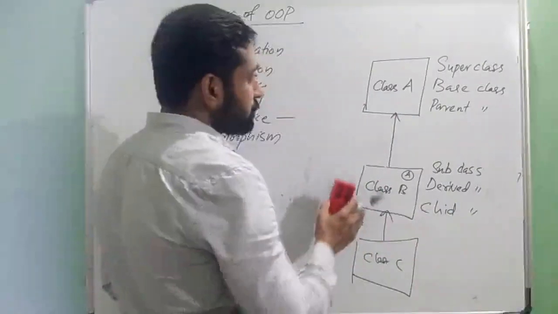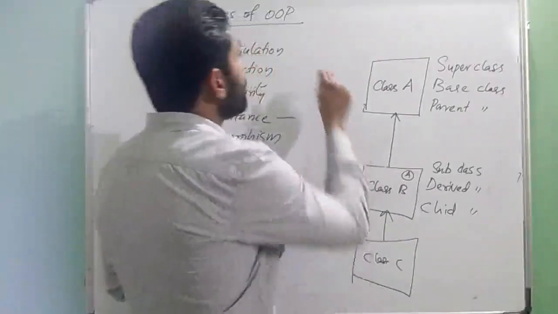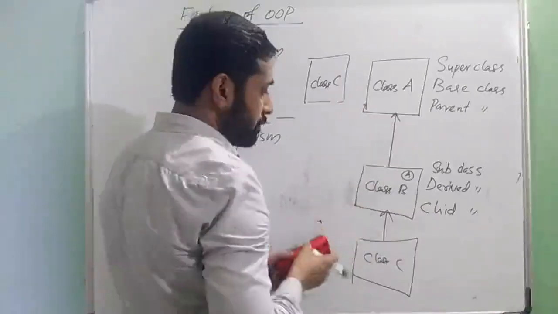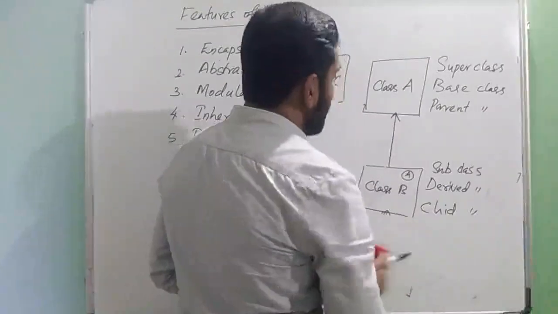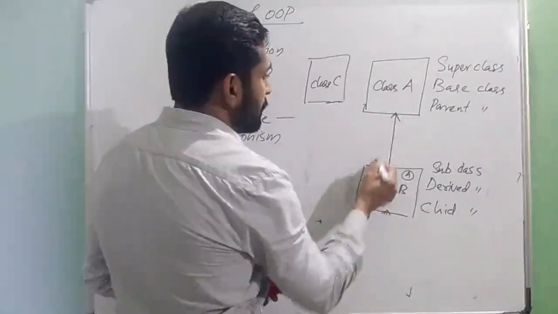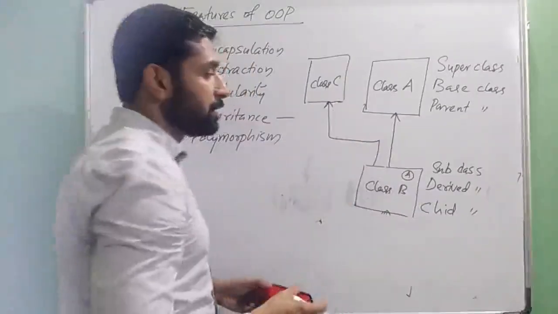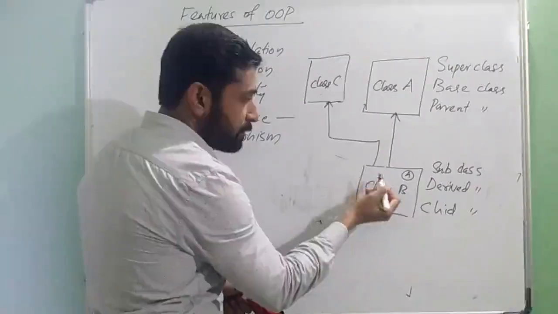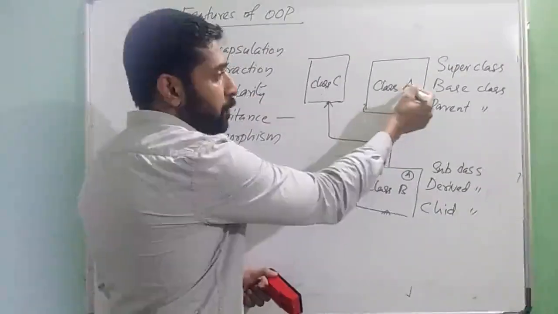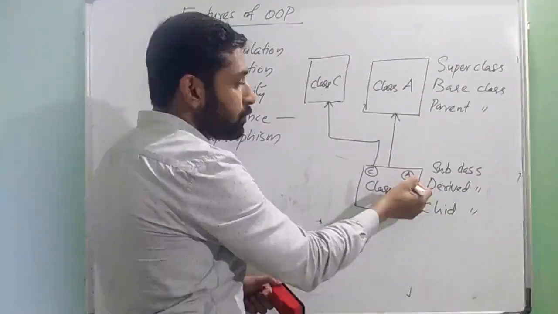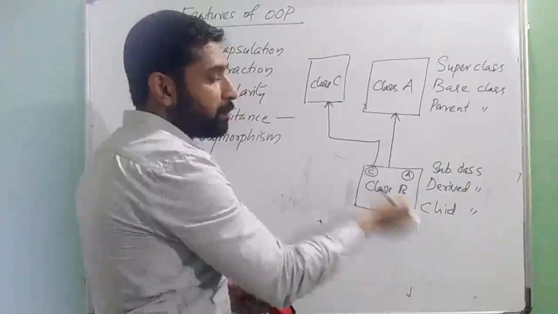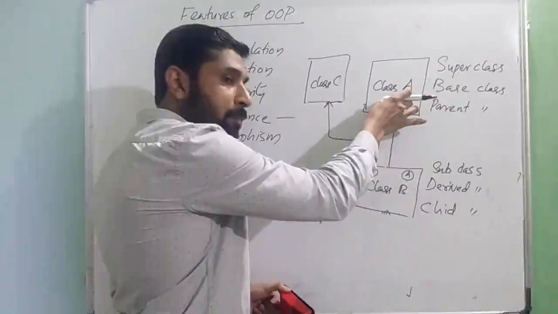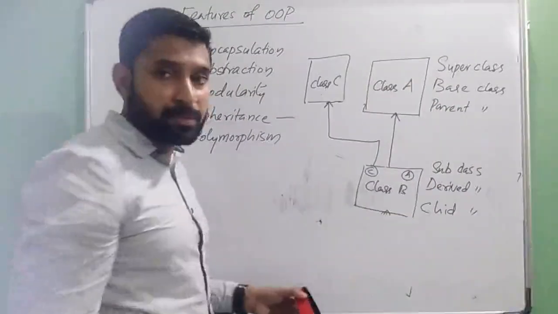Now suppose we have class C here, and we are inheriting the properties of C to B. Some properties of class C are inherited to B, and some properties of class A are also inherited to B. So this B is created from multiple parents.